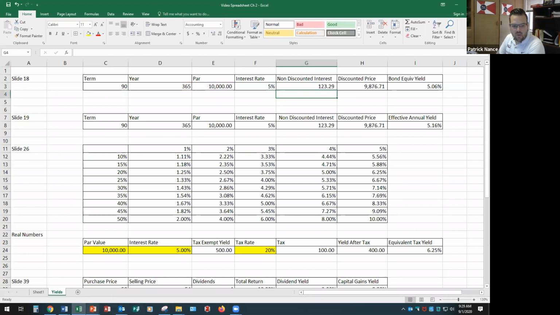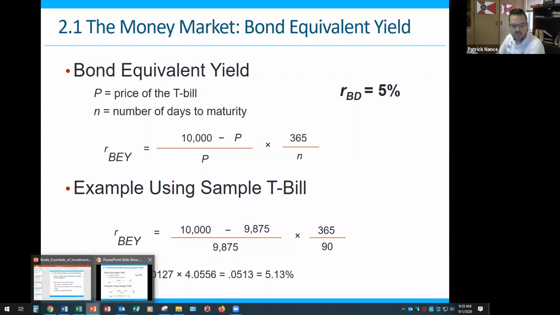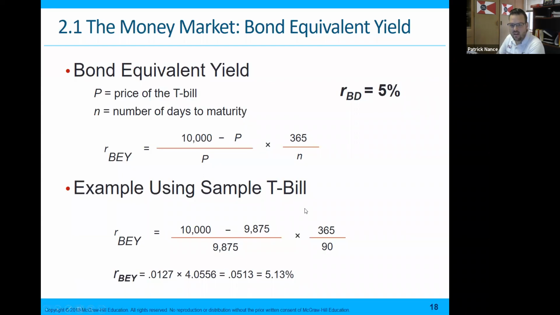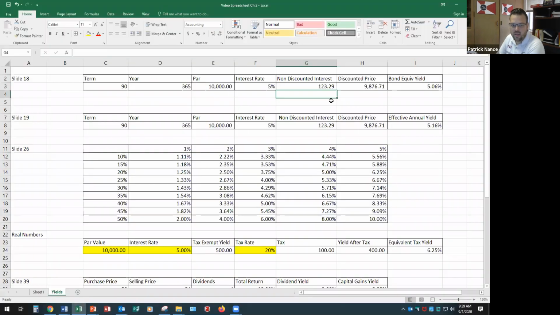The book and the PowerPoint show that as a full $125 difference. It's $98.75, but the more exact calculation is the one that I just did at 123.29. So you can see it is higher than 5%, just like the book says.